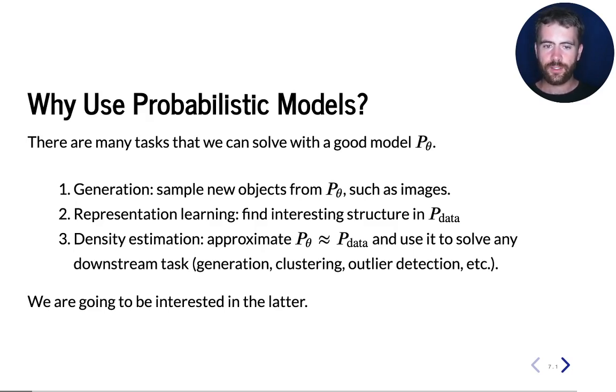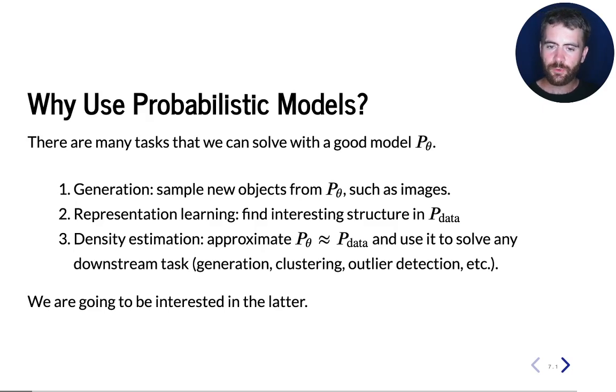So imagine that we're trying to fit a probabilistic model P to our data. What are all the interesting tasks that we could try to solve with it? If we fit a distribution, then with some additional techniques and algorithms, we can draw samples from this distribution. So we can use these models to solve generation problems. For example, we can generate images of human faces from a distribution of faces that we have learned.